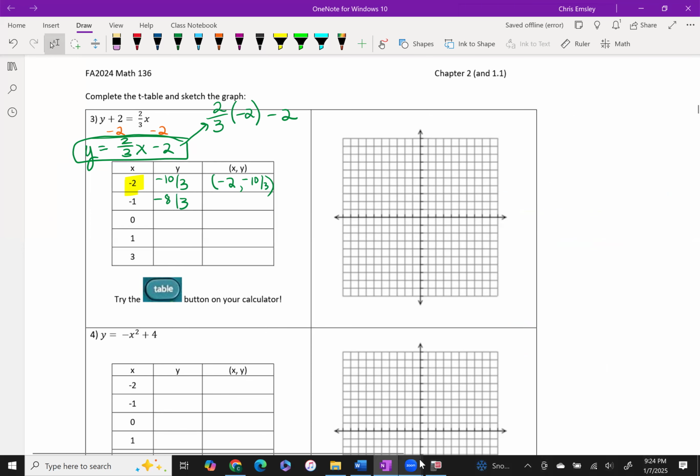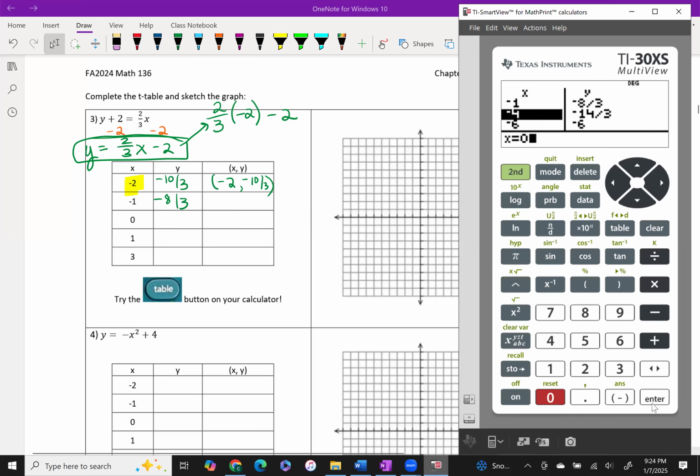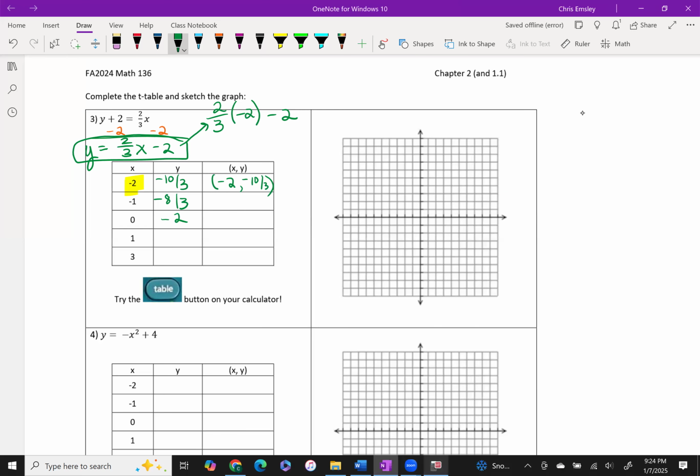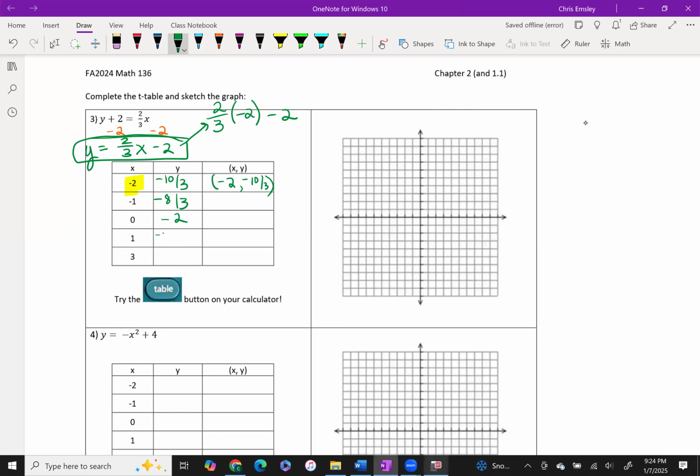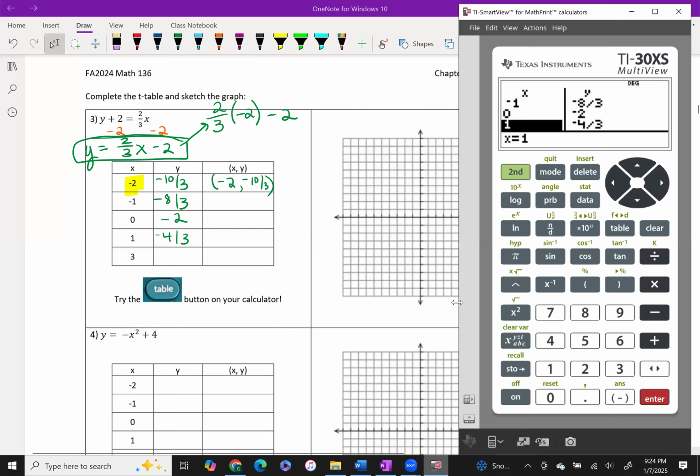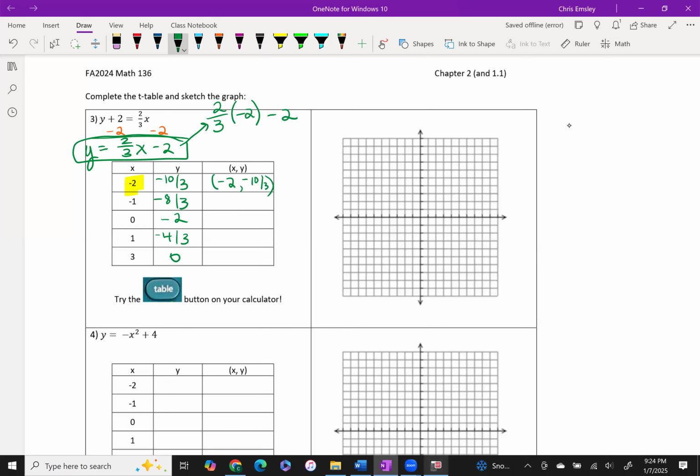When x is 0, honestly, we could do that one pretty easily in our head, but I'll just go ahead and enter it here. When x is 0, y is -2. When x is 1, y is -4/3. And when x is 3, y is 0.